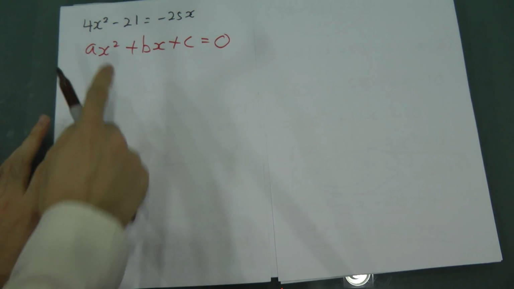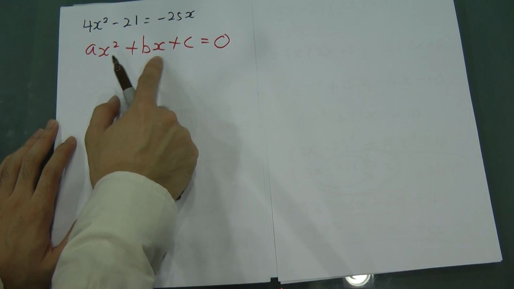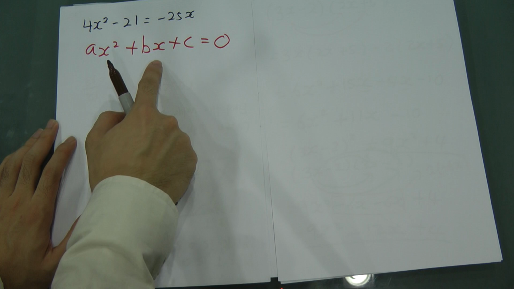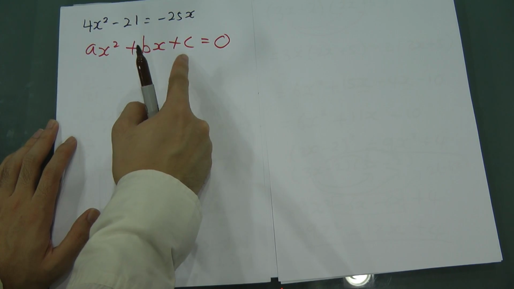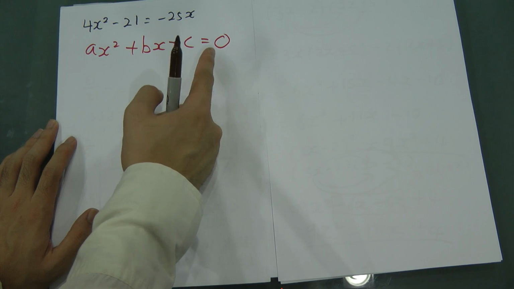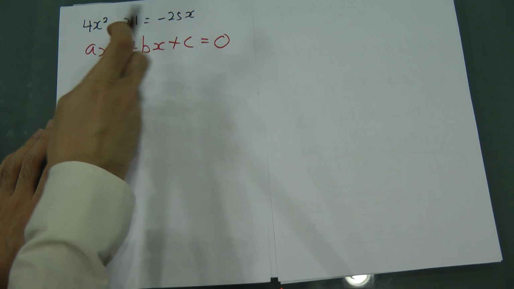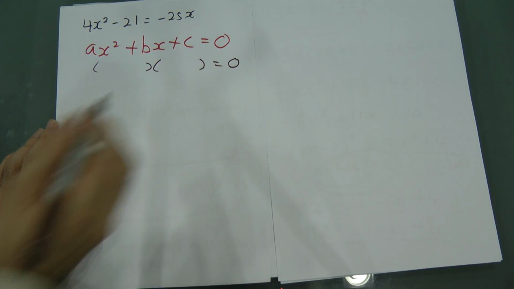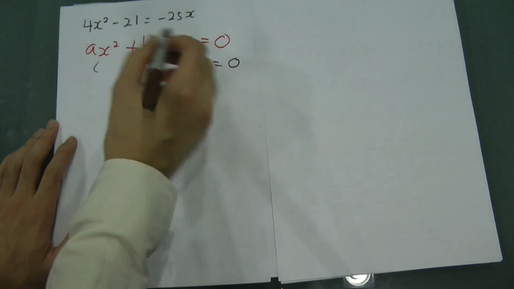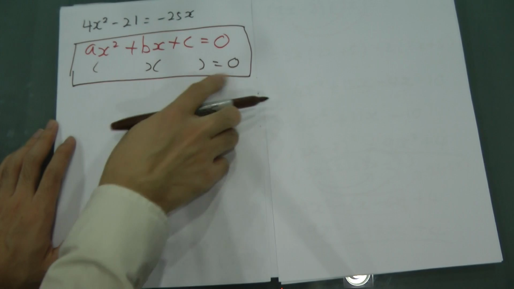You must arrange the x squared in the first place, then the x to the power of 1 in the second place, and c, which has no x, in the last place, and then equal to 0. If you have this form, then only can you factorize. It must be something equal to 0, then only can you solve the equation.